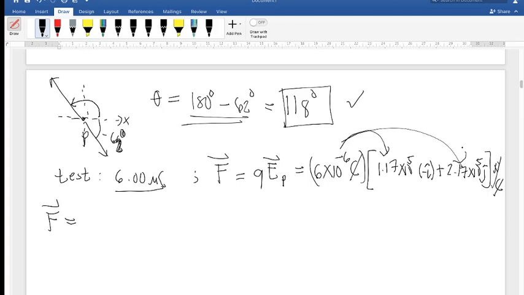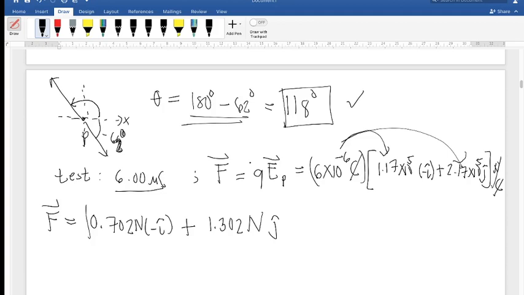So 6 times 10 to the negative 6 multiplied with 1.17 times 10 to the 5 is 0.702 negative i hat Newton. Then plus 2.17 times 10 raised to 5 multiplied with 6 times 10 to the negative 6, so we have 1.302 Newton, that is j hat. So this is the electric force vector.